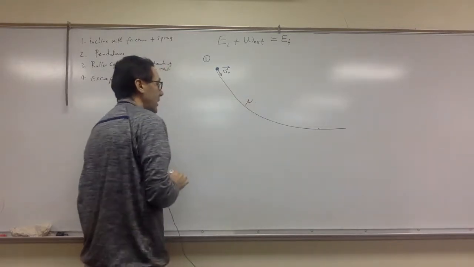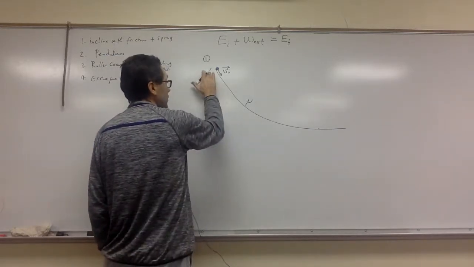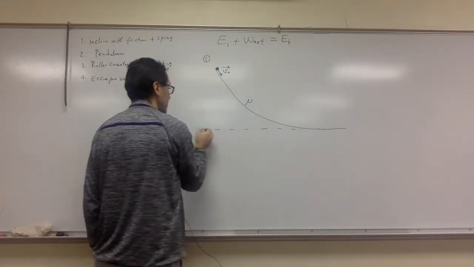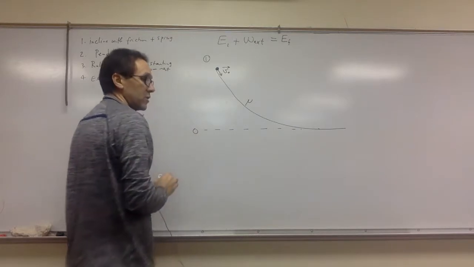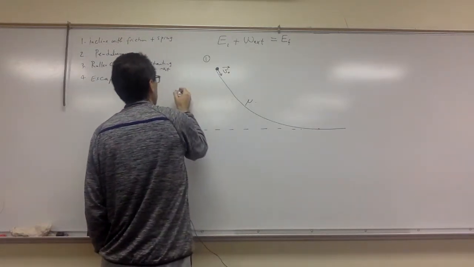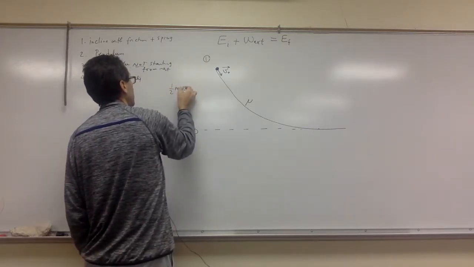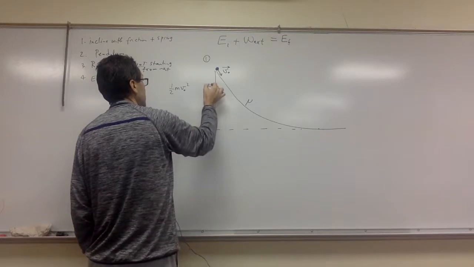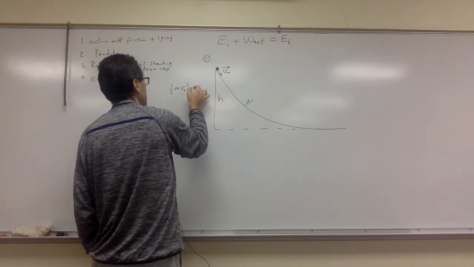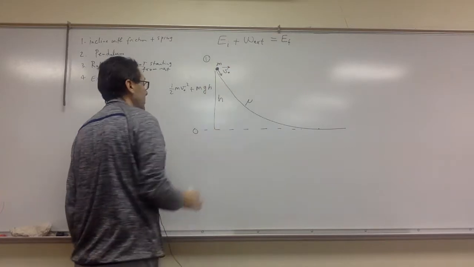Okay, so my equation should be written as the initial energy. If I choose this level here as 0 for gravitational potential energy, then I have kinetic energy up here, which is 1/2 mv initial squared. Let's just say this height here is h, plus mgh, assuming this object has a mass m.